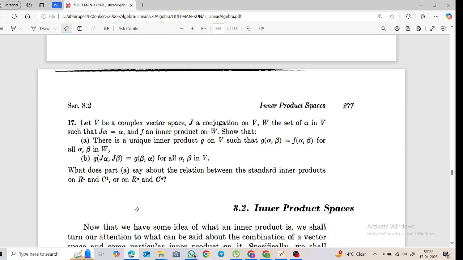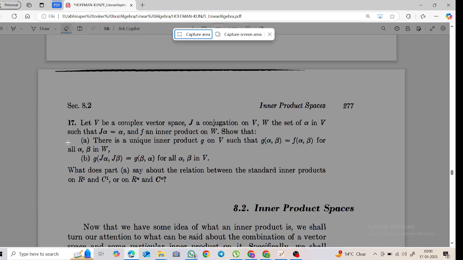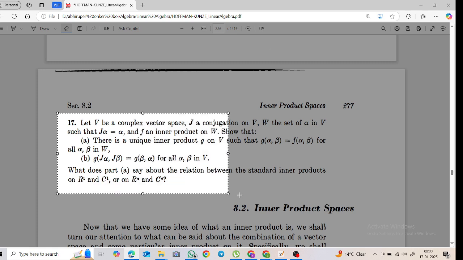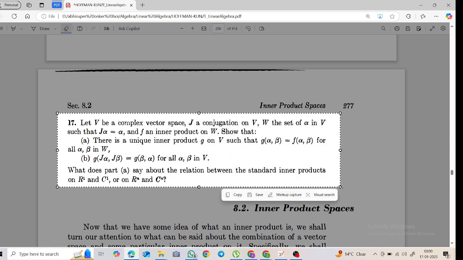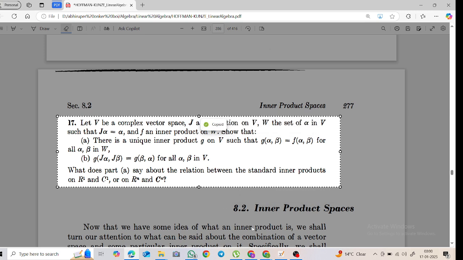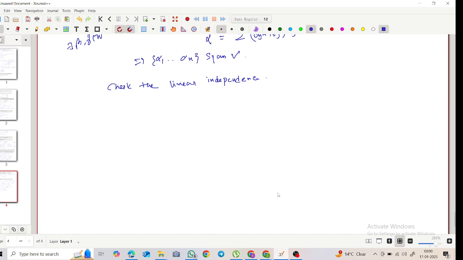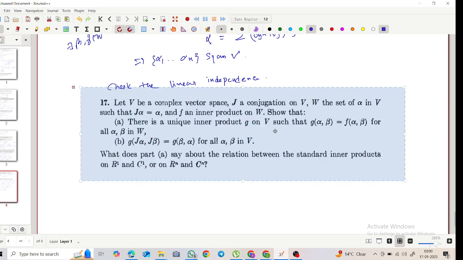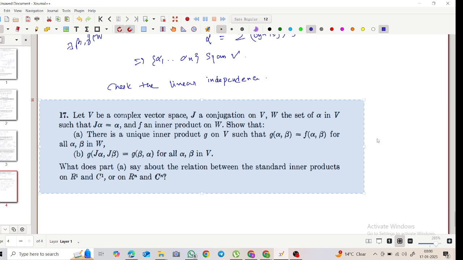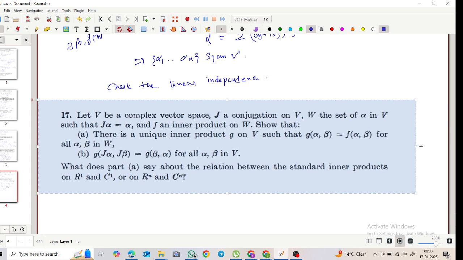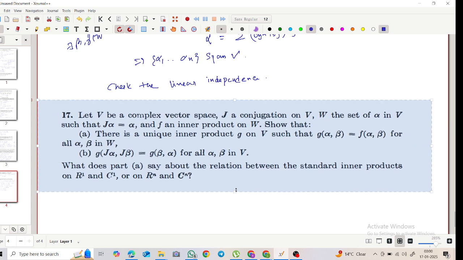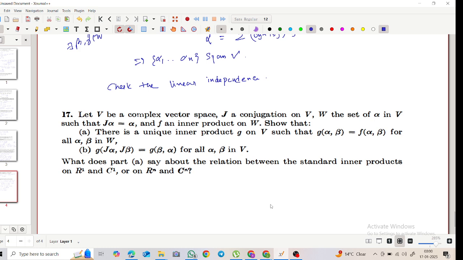Now let's move on to 17. V is a complex vector space, J a conjugation of V, W the set of alpha in V such that J alpha is alpha.